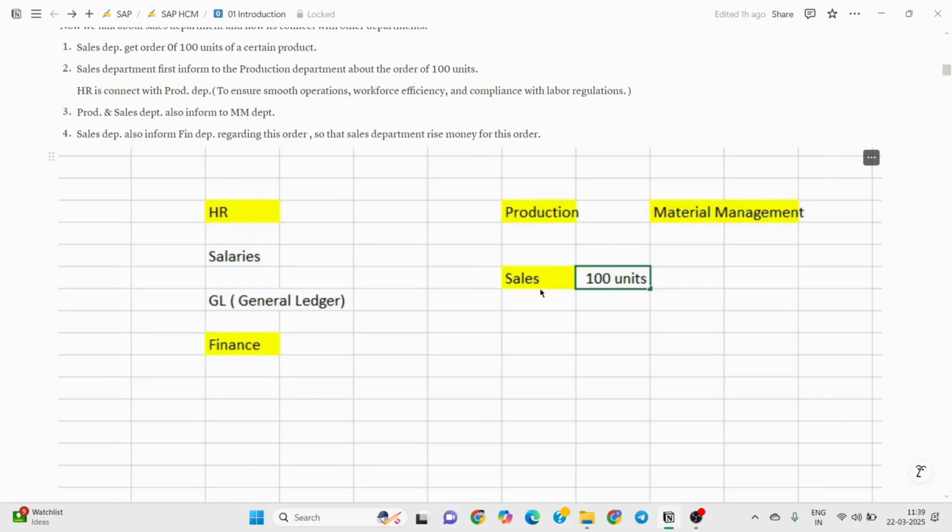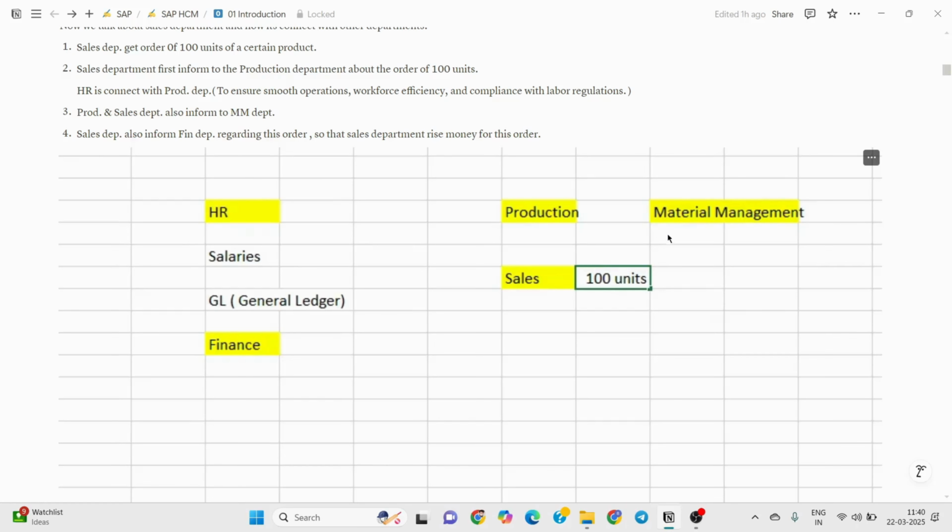It first informs other departments where these 100 units of products will be manufactured, and some support work is also needed. So the sales department informs the production department, material management department and finance department, and any other departments it needs. The production department manufactures these 100 units of product, but it also informs the material management department for raw material, inventory and procurement, some supply.